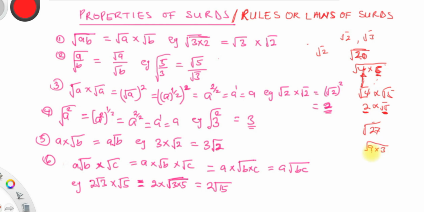Of these numbers, this is a prime number, and this is not a prime number. So we are saying that square root of 27 is a set, and it involves a number, 27, which has a prime number 3 as its factor, which you can divide 27 by. In other words, this 27 is divisible by this 3, which is a prime number.